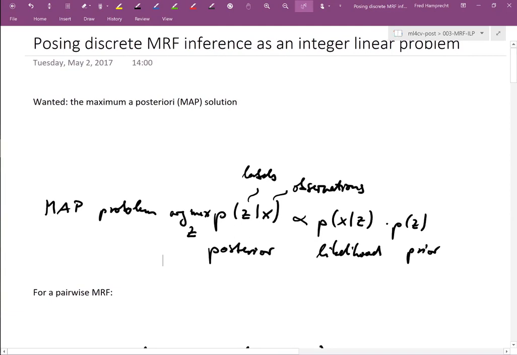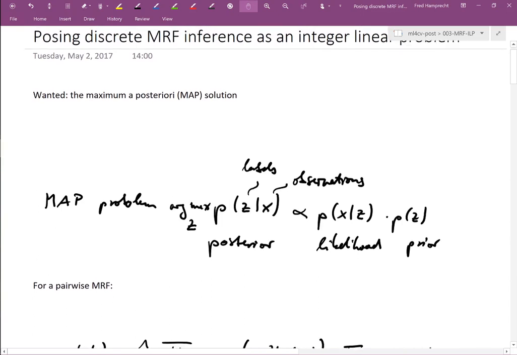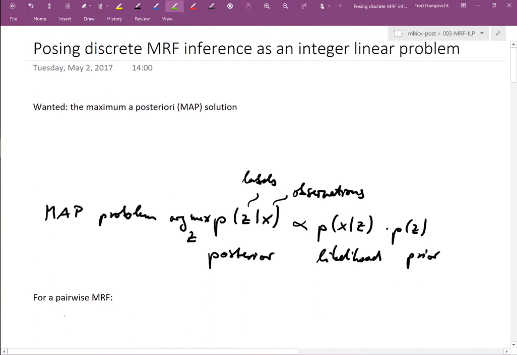Now I will only show how to do this for a pairwise Markov random field, where we have second order factors. Doing it for higher order factors is possible in an analogous fashion, either by direct modeling, or you can always transform a higher order Markov random field into a Markov random field involving pairwise factors only.